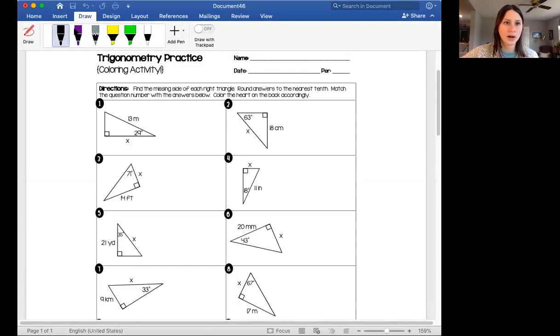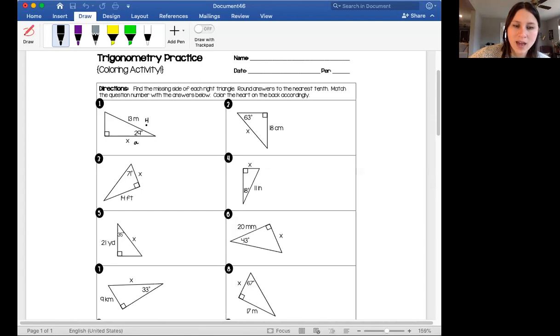I'll talk to you about how to find the missing side using the angle. Our perspective is always starting at the angle given to us, or the one we're trying to find. So looking from 29, what is the relationship of x and 13 to 29? 13 is the hypotenuse and x is adjacent.